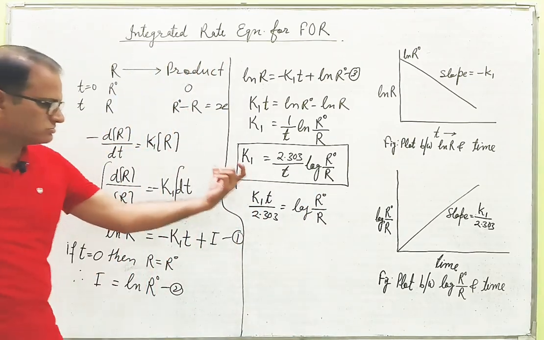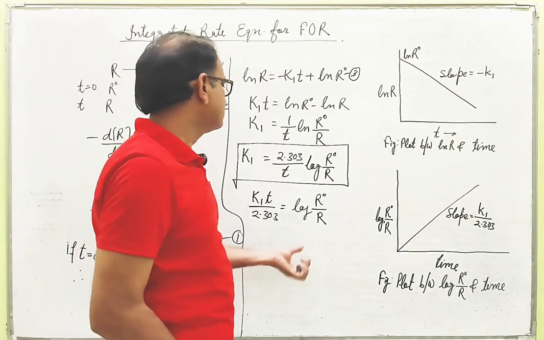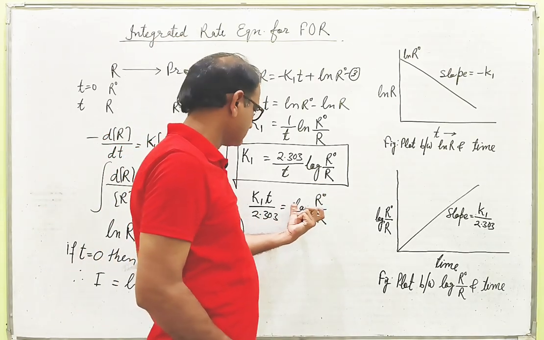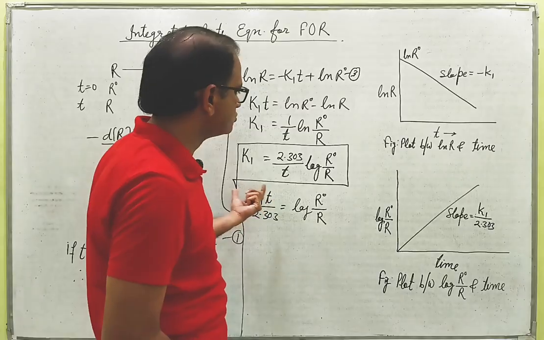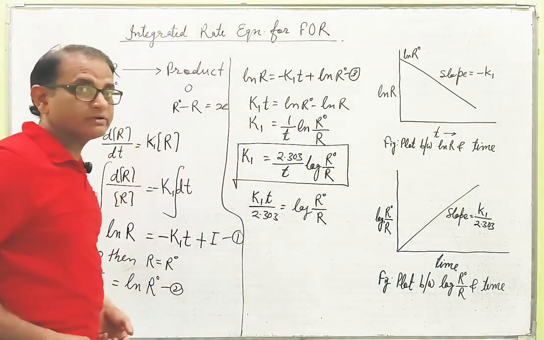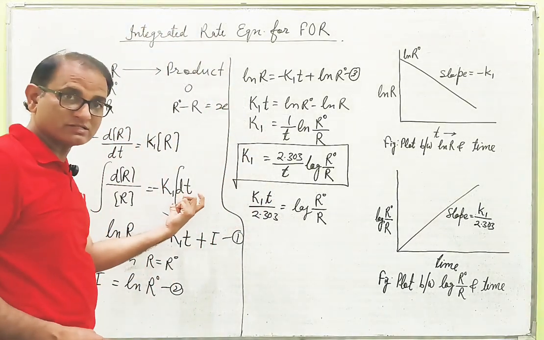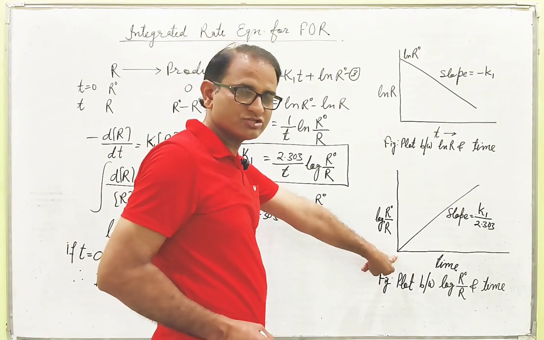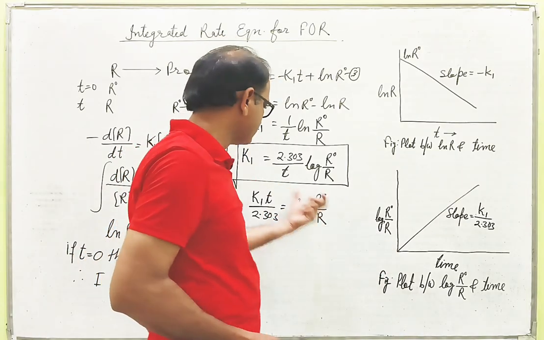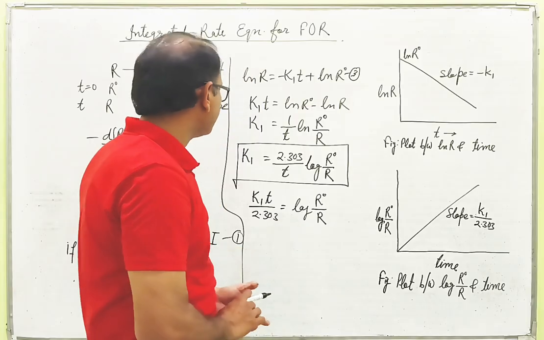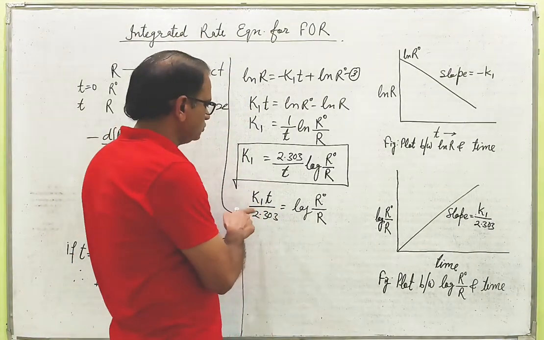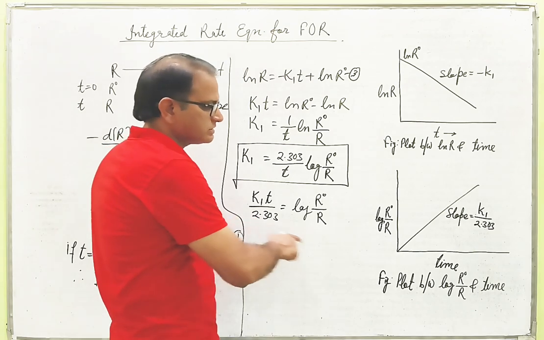Alright. So from here what we can see, if we plot the graph, this is the y axis, and in y = mx there is no intercept, there is no plus c, so no intercept is there, the graph is starting from 0 itself. So this is clear from here. Then the slope will be equal to k1 upon 2.303.